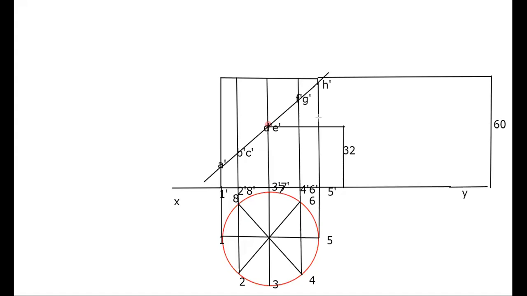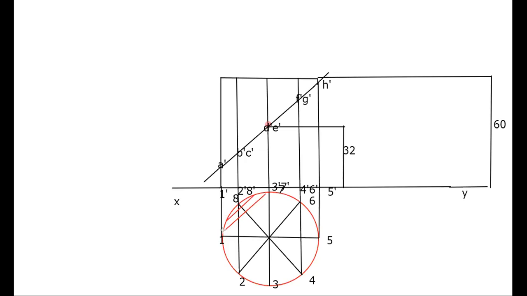Now we can draw a sectional top view. This one is the hatching line.